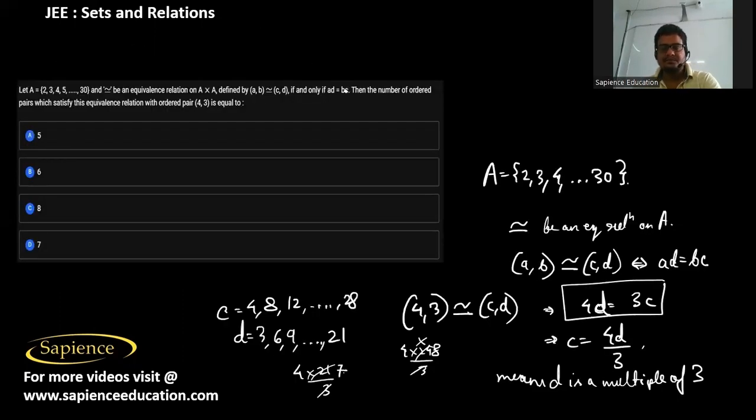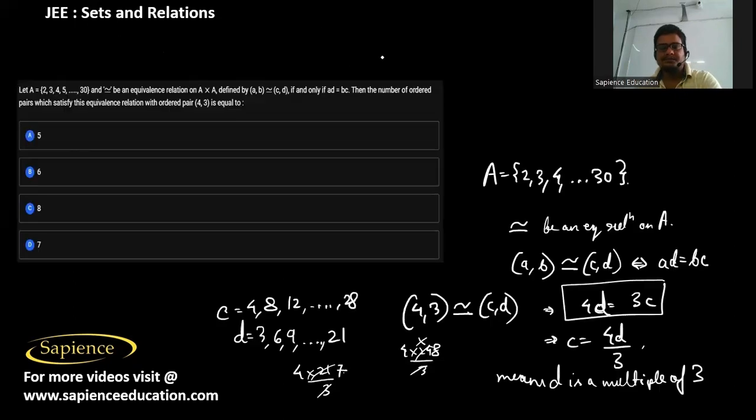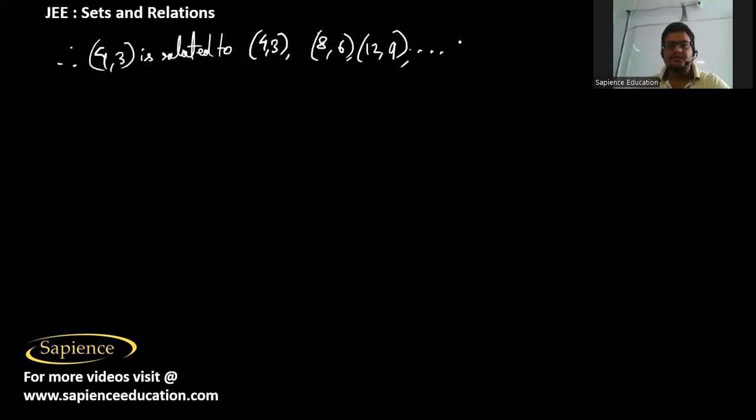So therefore (4, 3) is related to (4, 3) also. And then (8, 6) also. Then (12, 9) also. And it will go till (28, 21).